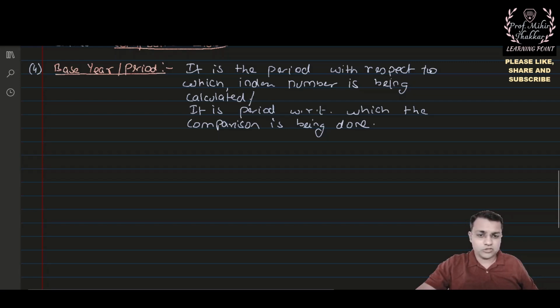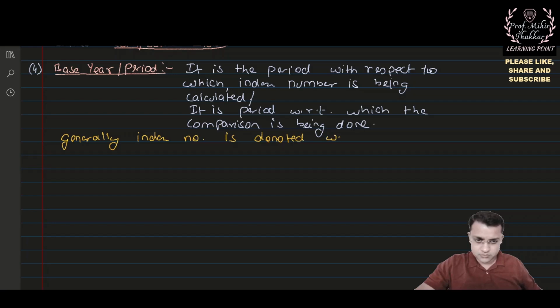Now when we are solving the numericals, we require some notation for the base period. So we can write over here, generally index number is denoted with suffix 0. It is not called as O, it is called as suffix 0.